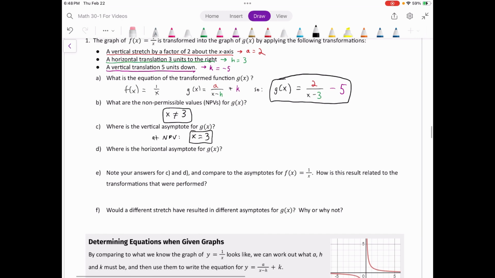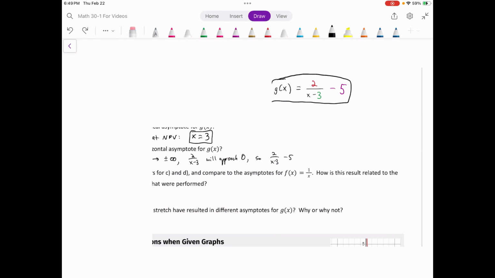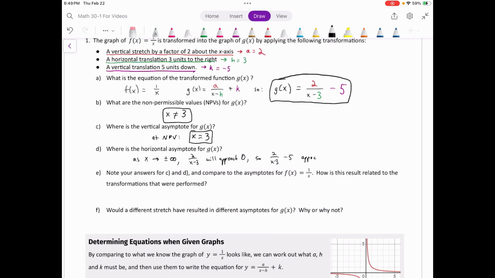So let's just think about that. As x goes to plus or minus infinity, the 2 over x minus 3 will approach 0. Now, y doesn't just equal that though. So is y going to approach 0? Well, no, y is going to be approaching 0 minus 5, right? So 2 over x minus 3, minus 5: if this part here is approaching 0, that means it's approaching 0 minus 5, which is negative 5.